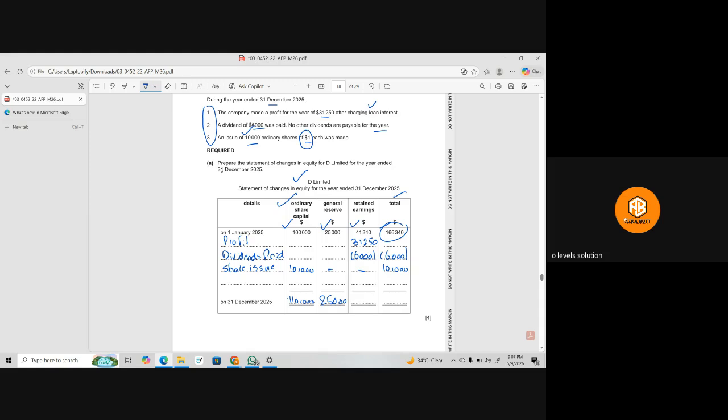Sorry, I just forgot to add the previous profit, that is 41,340. So this will become 66,590. Then 166,340 minus 6,000 plus 10,000 will equal 215,940. So this is the equity.